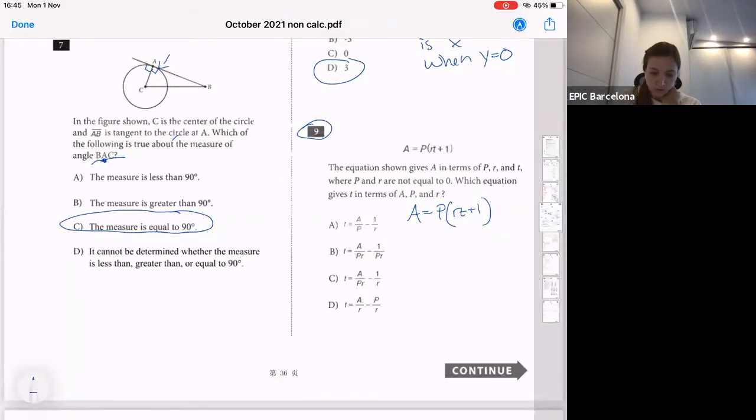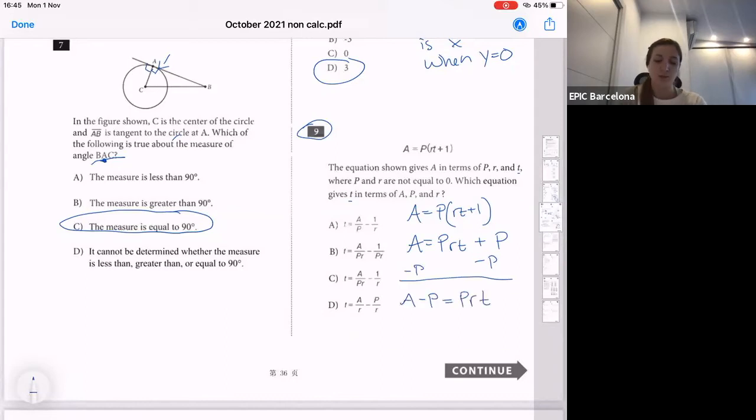I want everything in terms of T. I'm just going to go ahead and distribute and see what happens. So I would get PRT plus P. Now I'm going to subtract P from each side. A minus P is equal to PRT.